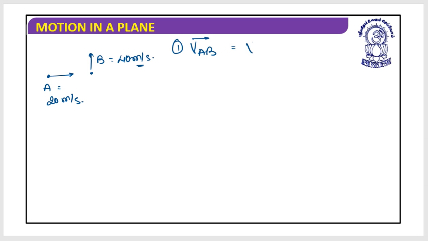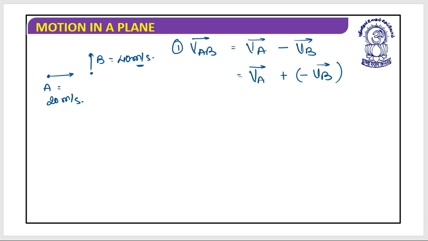That means I require VA minus VB. So can I write it like this? It's VA plus minus of VB. Is it clear?